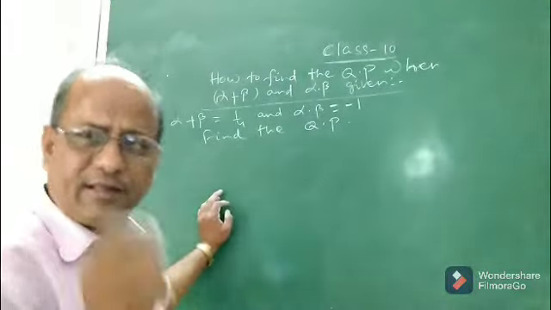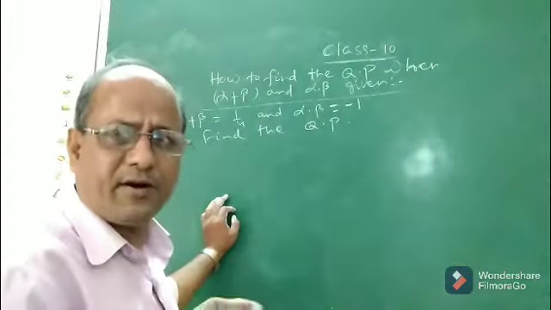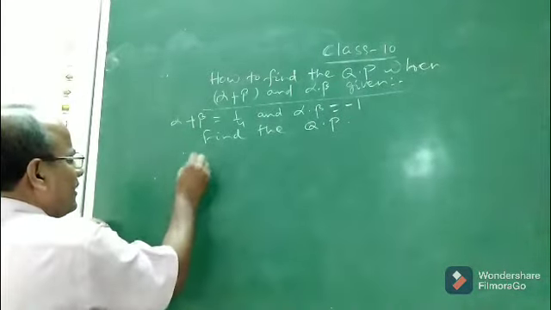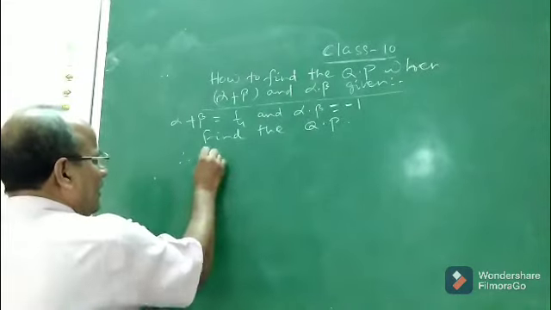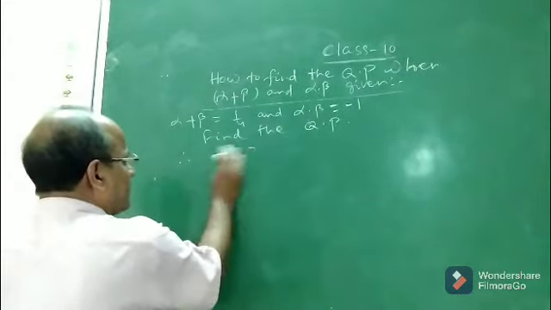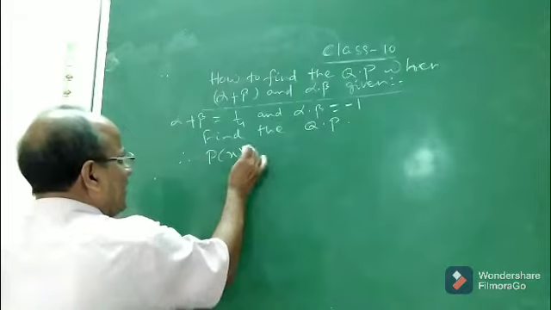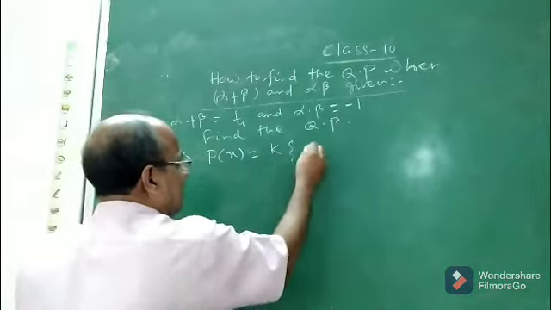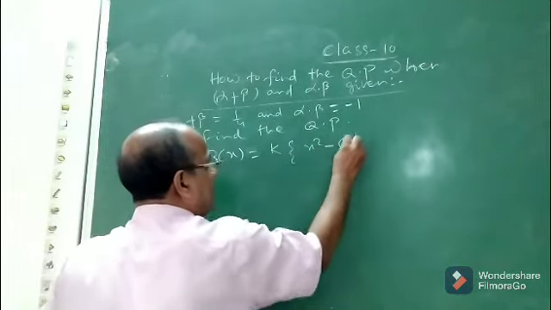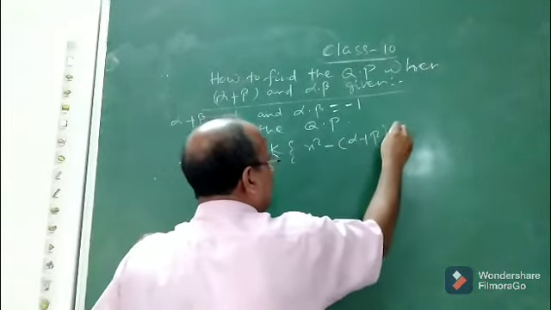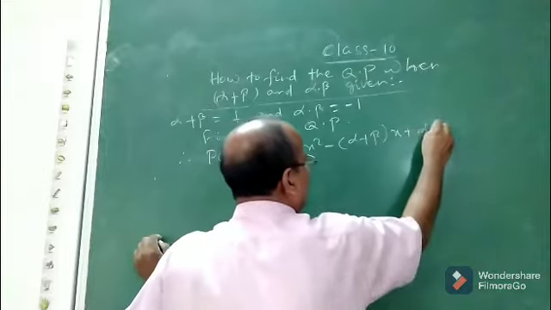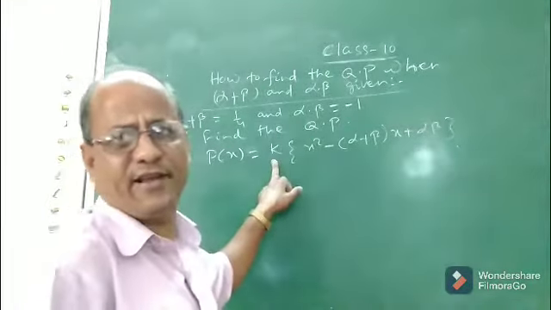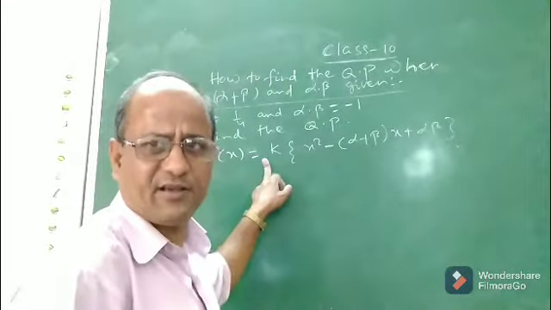To find this, there is a formula, children, which we have to remember in order to find the quadratic polynomial. The quadratic polynomial p of x will be equal to k into x square minus alpha plus beta into x plus alpha into beta, where k is any constant.